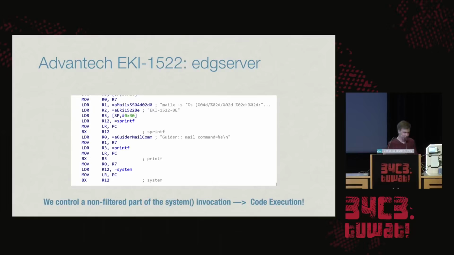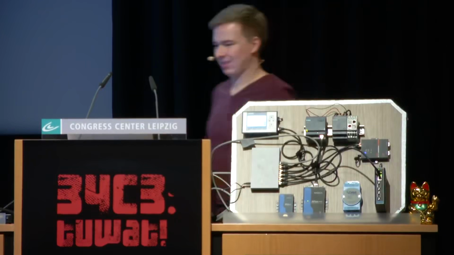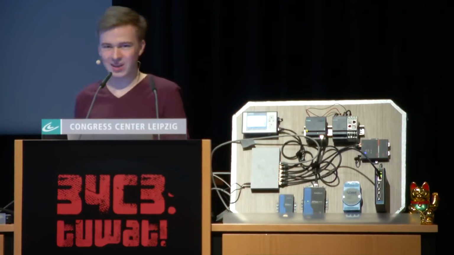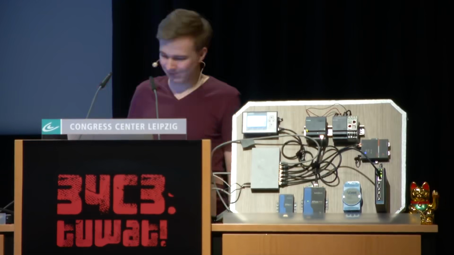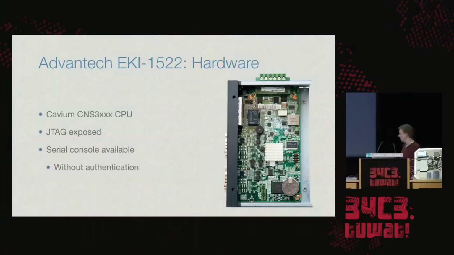This is kind of a funny story, because it was just $40, I first bought this device, which has the same bug in the firmware, but the mail functionality is broken, so I couldn't test it. So I had to go to eBay again and buy the bigger one. It looks like this.